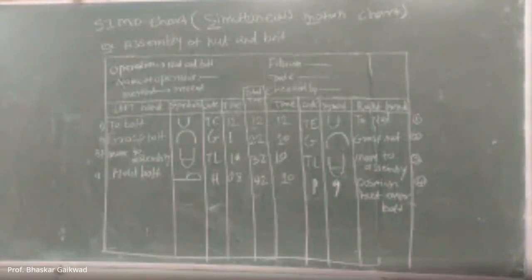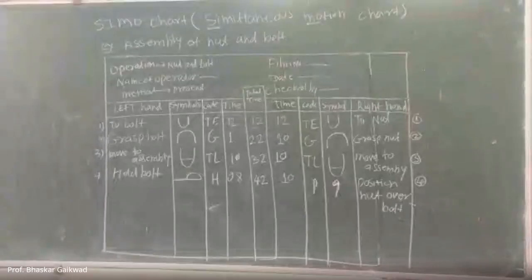So the main need of CMO charts is to avoid these three words: selection, searching and holding. Grasping a bolt, this time also we can reduce. Immediately we can grasp, so that instead of 10 seconds, you can go for the next. Here is the 10 also.